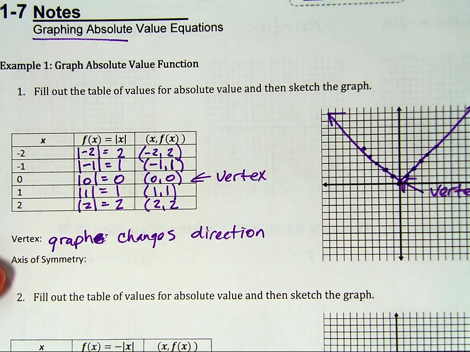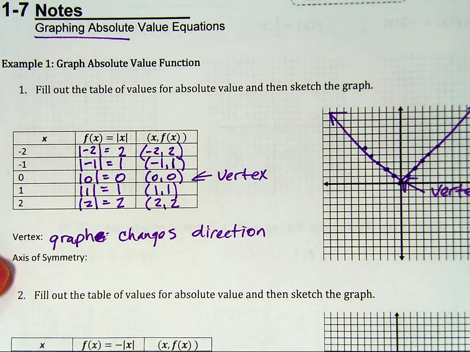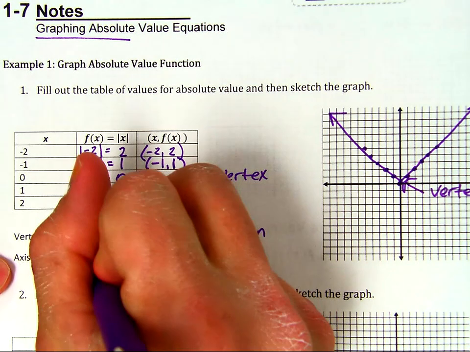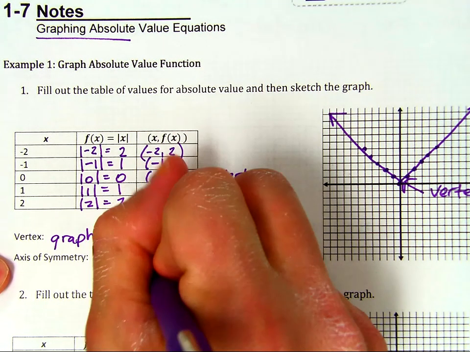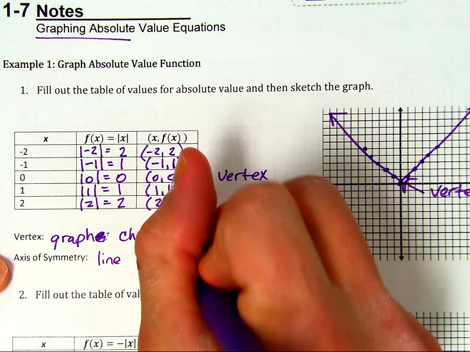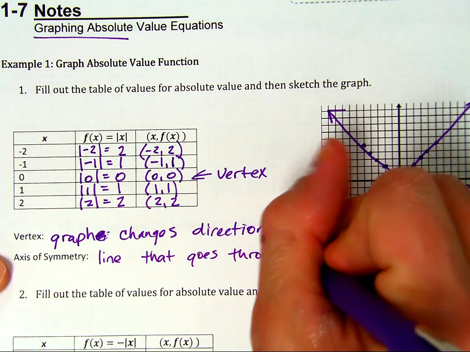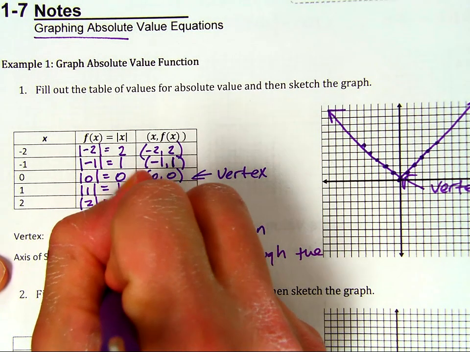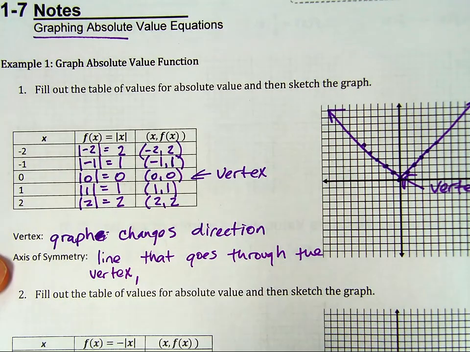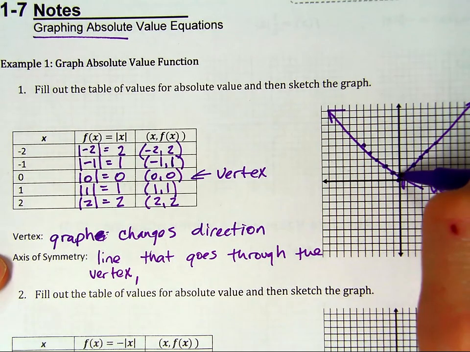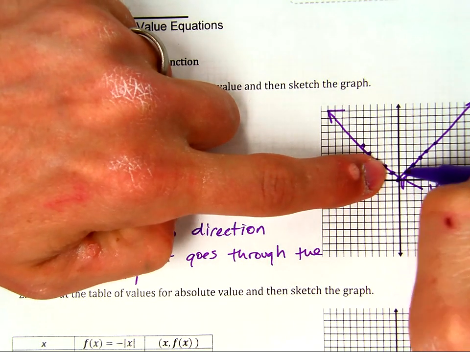Okay. The next feature that we're going to look at is what we call the axis of symmetry. And it is a line that goes through the vertex, and each point reflects across the axis of symmetry to give us another point.